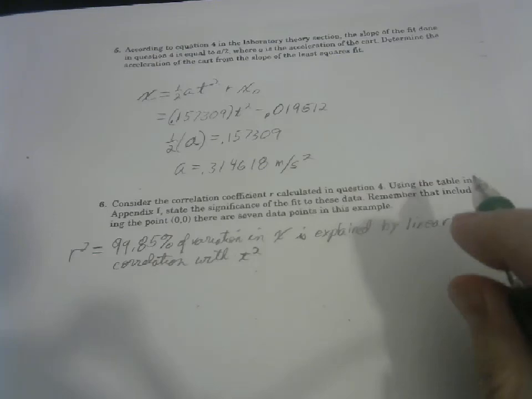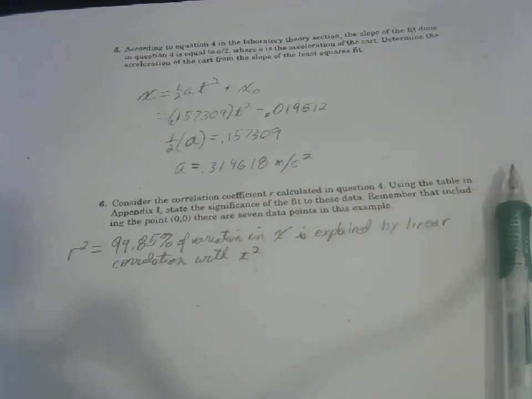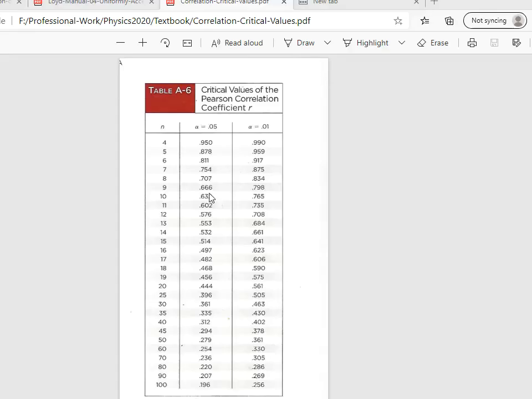There is a table, I have provided it to you, correlation critical values.pdf, and it shows that for n of 7, because we have 7 data points, alpha of significance of 0.05 is 0.754, and the significance of 0.01 is 0.875.